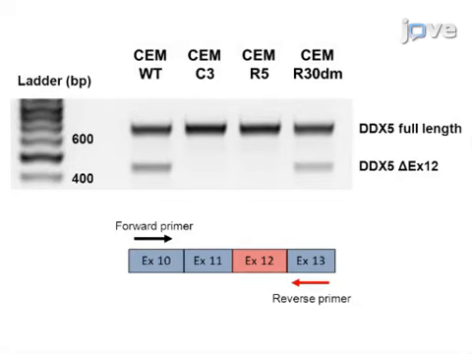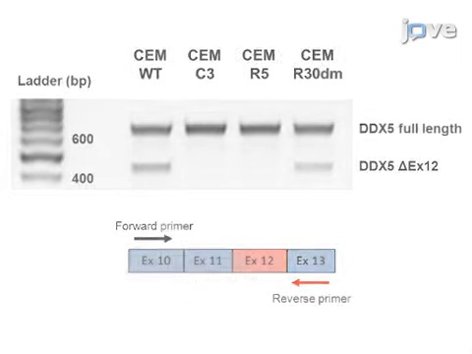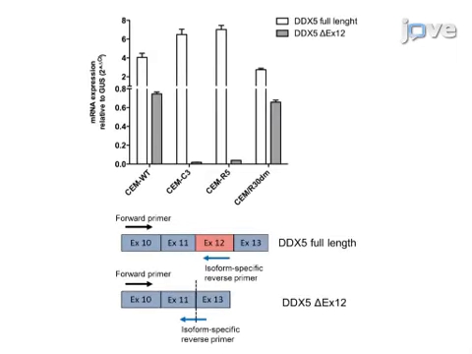RNA sequencing results are validated by performing RT-PCR on selected genes, for which primer pairs anneal to exons located upstream and downstream of the alternatively spliced exon. Differential splicing of the DDX5 gene is shown here. Quantification of differentially spliced transcripts through qRT-PCR assay using isoform-specific reverse primers confirms the specific downregulation of the DDX5 delta exon 12 splice variant in the specific glucocorticoid-resistant sublines.